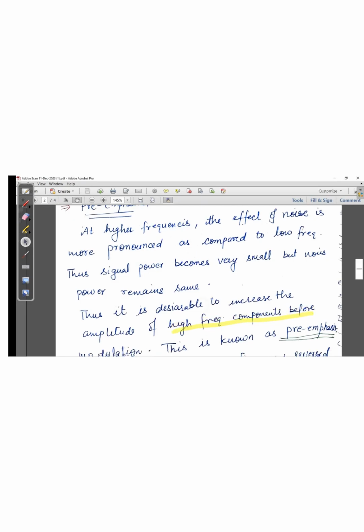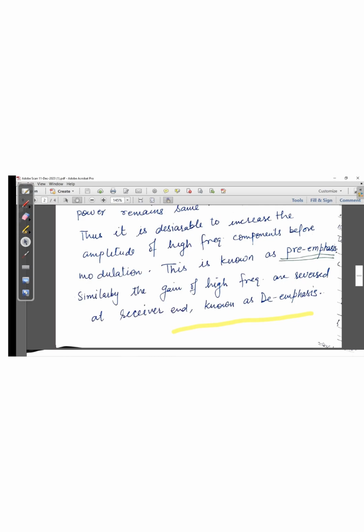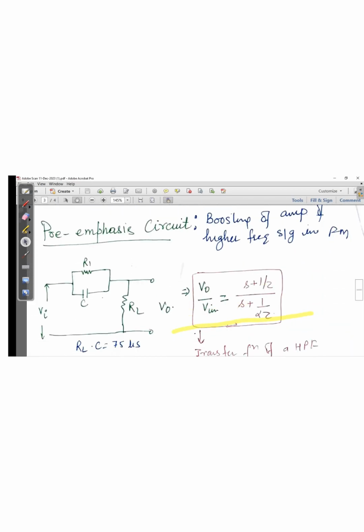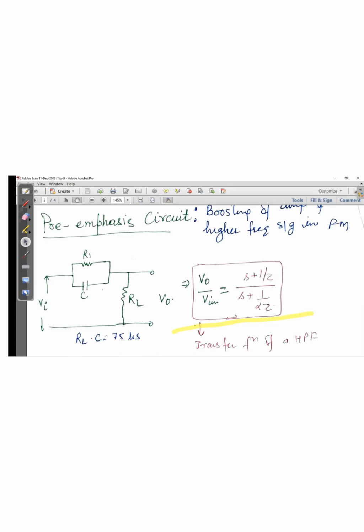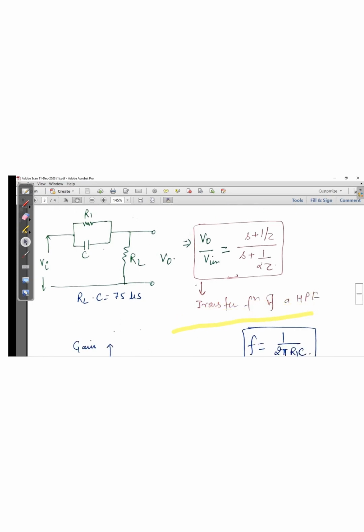So what a pre-emphasis circuit does is provide gain to frequencies above some particular frequency. The pre-emphasis circuit is nothing but a high pass filter, and its transfer function we can write like this: V naught by V in is (S plus 1 by tau) over (S plus 1 by alpha tau).